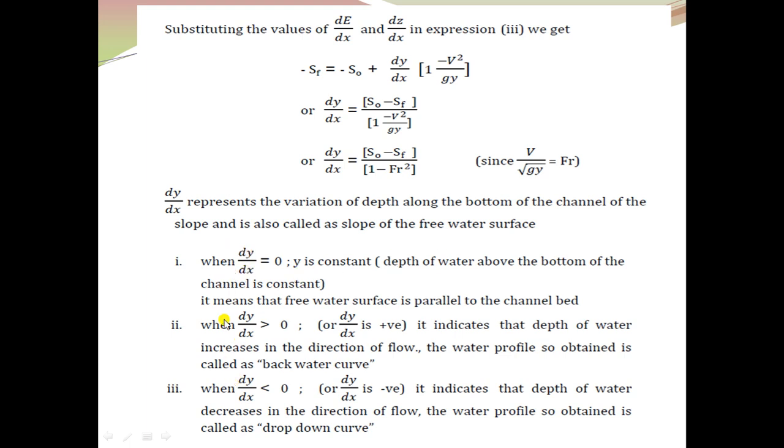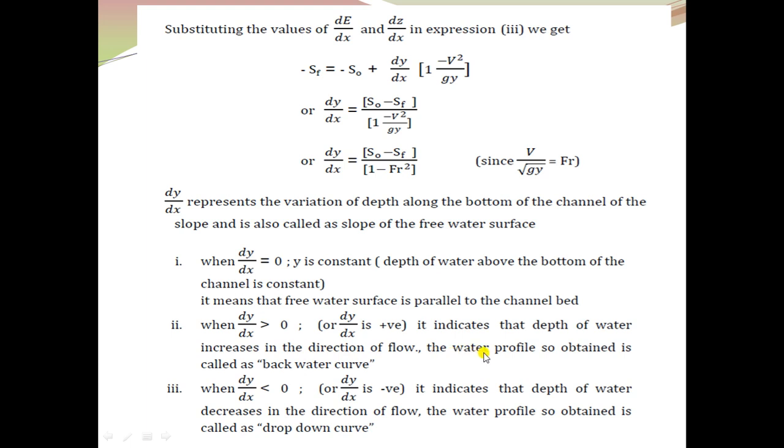So let us consider few cases here. If the slope of the free water surface is 0, it means the depth of flow is constant. Obviously, for a uniform flow, we will be getting dy by dx is equals to 0. Now, when dy by dx is greater than 0 or dy by dx is positive, it indicates the depth of water increases in the direction of flow.